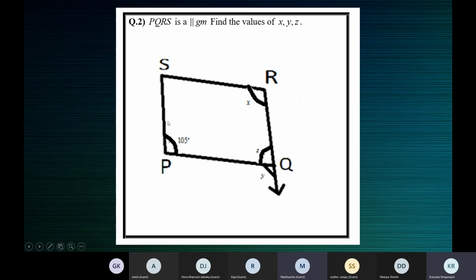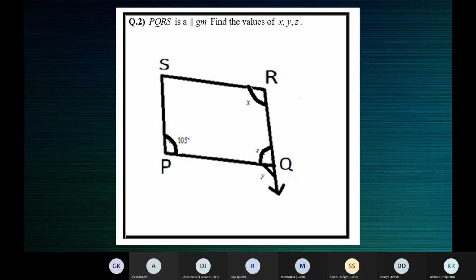Ma'am, SR and PQ are parallel lines. RQ is the transversal, ma'am. No. PQ is the transversal, ma'am. Okay, if you identify the transversal, then the lines are easy. Which are the parallel lines? Ma'am, SR and PQ are the parallel lines.